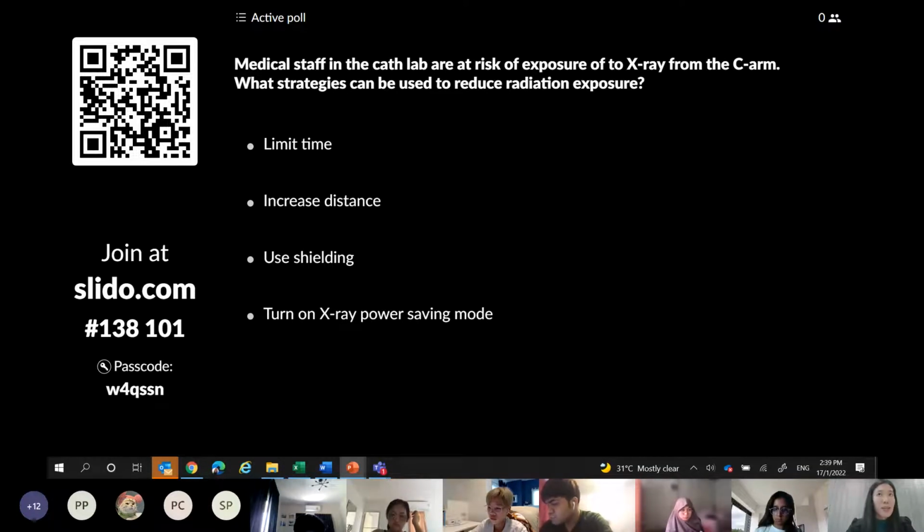And although it increases all these health risks, medical staff have no choice because they have to treat the patients, and the patients need this X-ray to be able to see what's happening in the cath lab. So to maintain their health, what strategies can be used to reduce this radiation exposure?